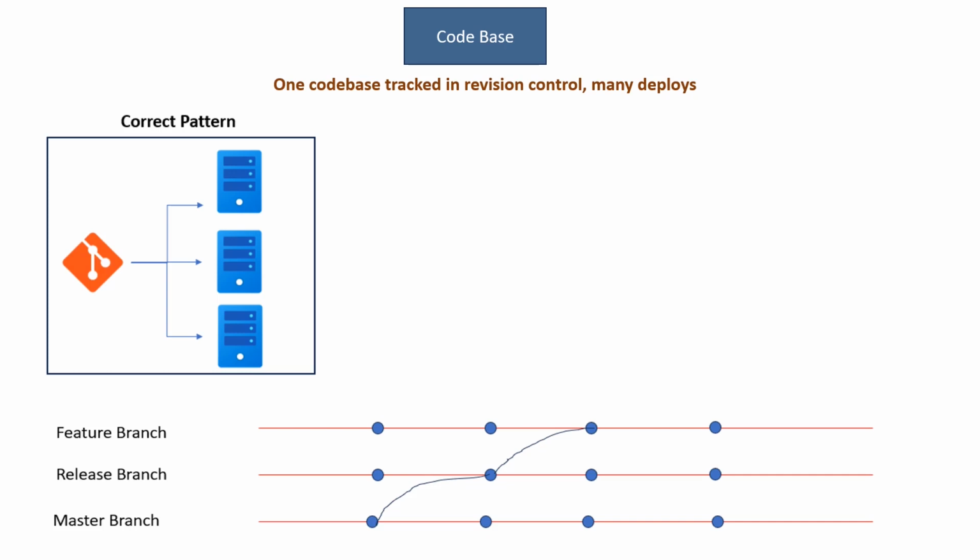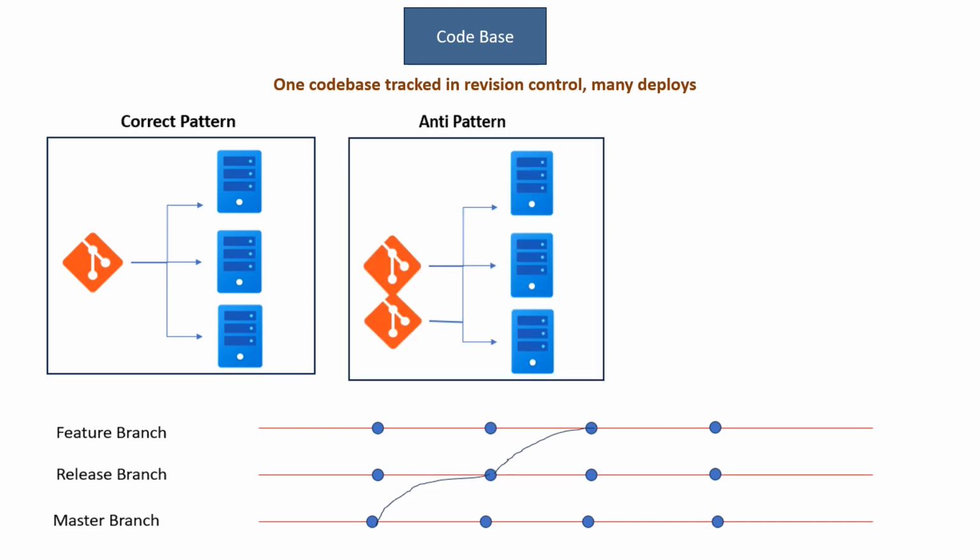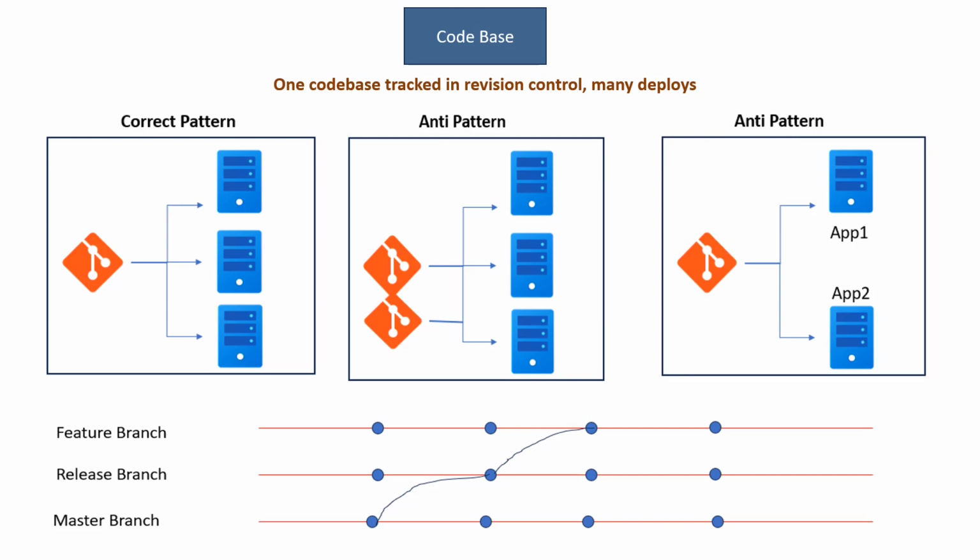But there are some anti-patterns for that. For example, you are trying to split your code into two code bases and deploying it to multiple servers or instances. It's not a correct way of having the code base in your application. Also, if you want to use the same code base for two applications, it is not the recommended pattern.